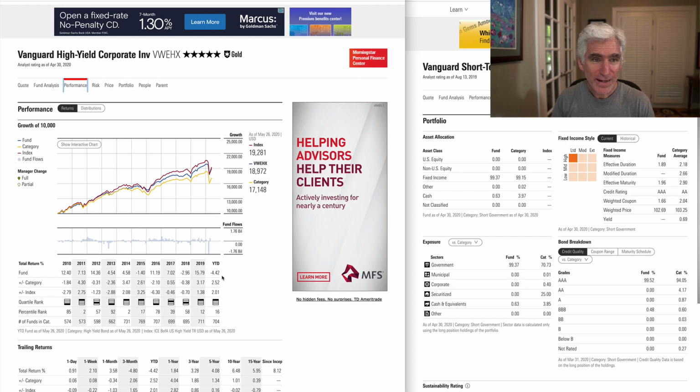So that tells you pretty much everything you need to know about bond funds and the Morningstar style box. Again, it shows you how sensitive a fund is to interest rates and changes in interest rates, whether it's a long-term bond that's highly sensitive to interest rates or a short-term bond fund that's not.